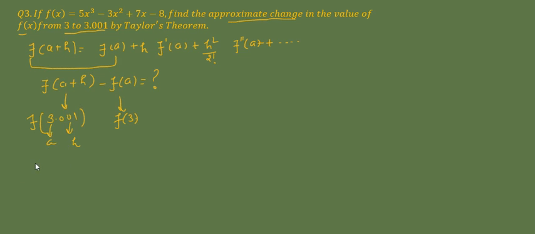So a is 3 here, and what is h? h is 0.001.